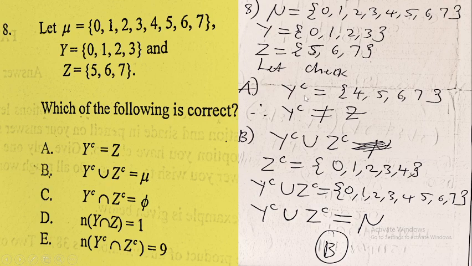If you unite Y complement and Z complement, we have 0 to 7 as the elements. So you can see that Y complement union Z complement is equal to the universal set. That means option B is the correct option. So we don't need to bother checking the other options, since B is correct already.